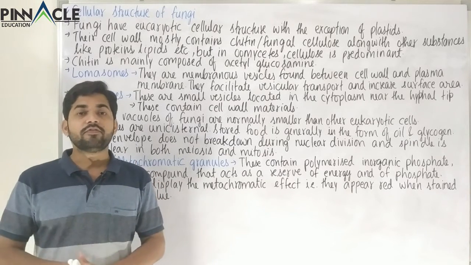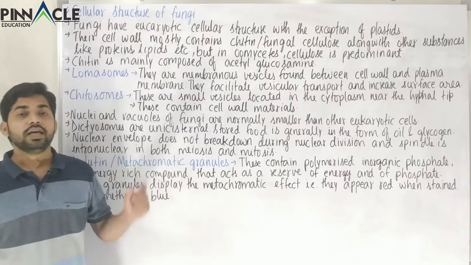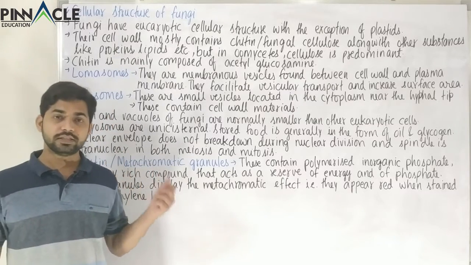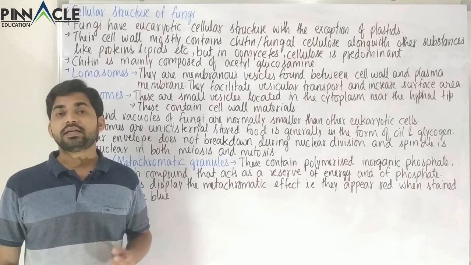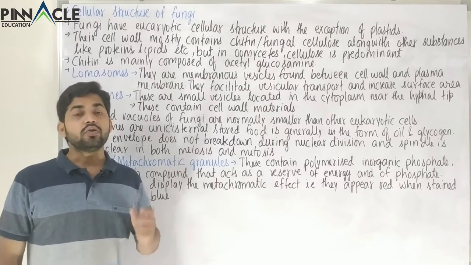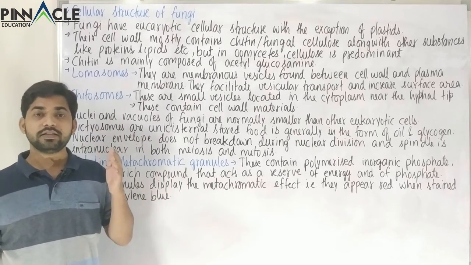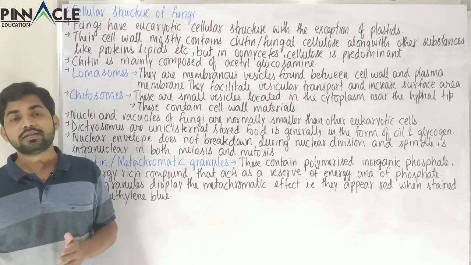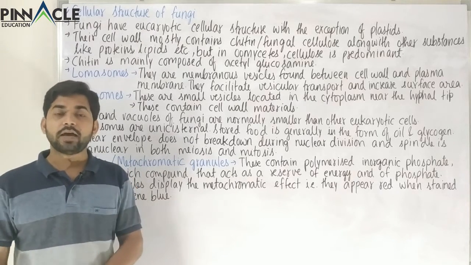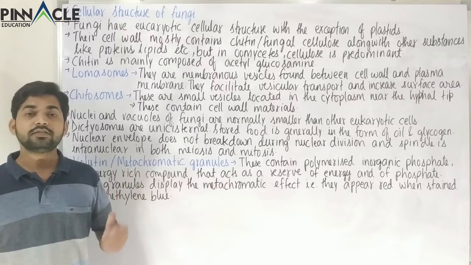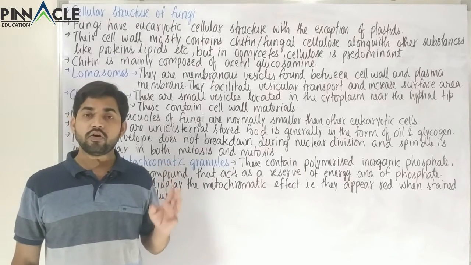But there is one very important difference between a plant cell and a fungal cell, and that is the presence of plastids. In a plant cell, plastids are present, and in a fungal cell, the plastids are absent. So what are these plastids? Plastids are generally of three types.